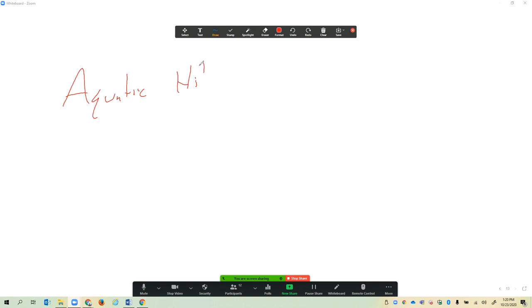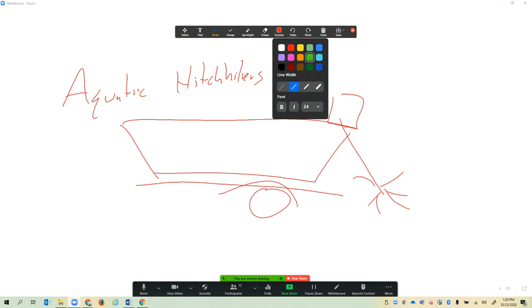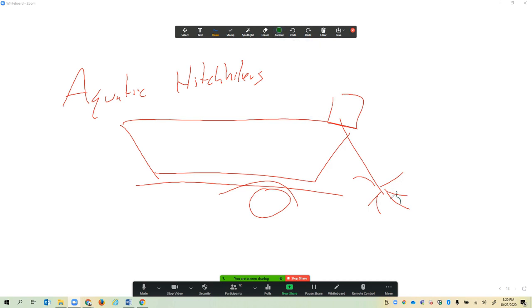Aquatic hitchhikers. The idea that, if I've got my little boat here, my little boat's got an engine, the engine's got a propeller, and it sits on a trailer. This boat could have little pieces of algae, or the trailer could have pieces of algae all attached to it when I pull that boat out.